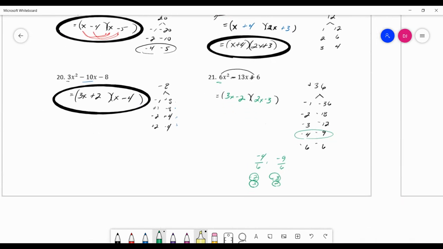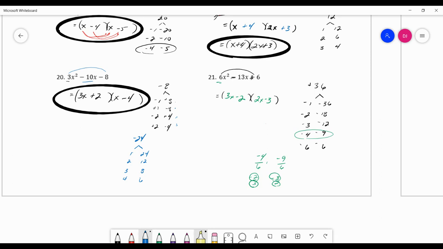Go back to number 20. If I do this with number 20, I would do 3 times negative 8 is a negative 24. I would look for the factors of negative 24 that add up to the negative 10. 1, 24, 2, 12, 3, 8, 4, 6 are my factors.